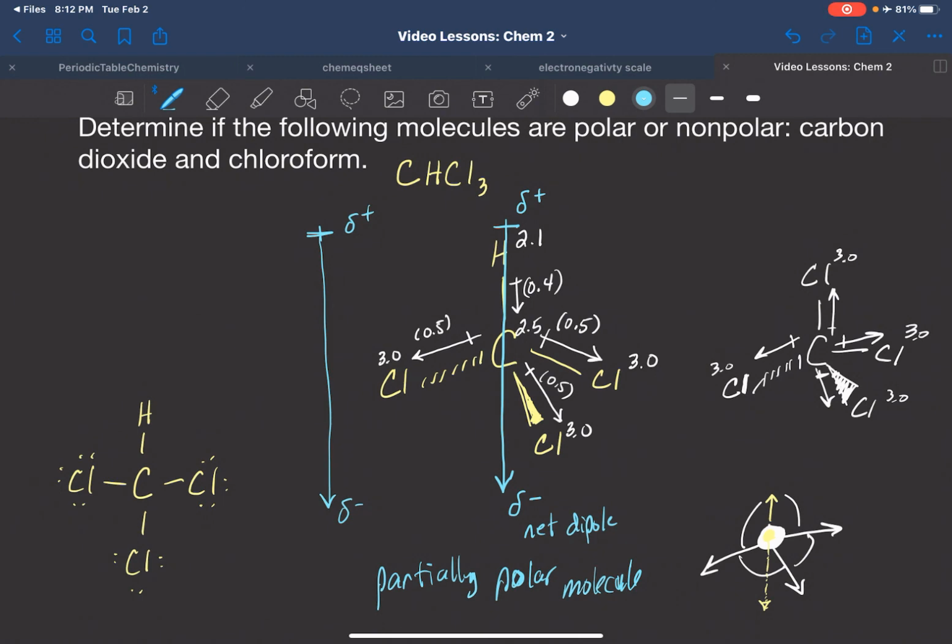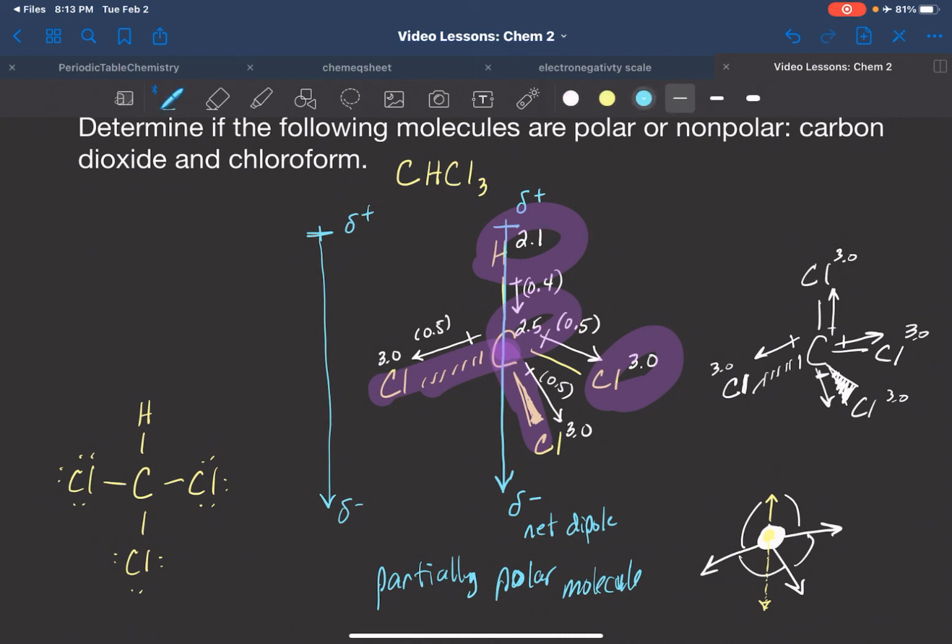It doesn't have a huge pull, but there is a little bit of a pull because of that slight difference, because those chlorines are pulling a lot more than the hydrogen is. You could almost think of it this way: two of these chlorines kind of cancel each other out, and then you're looking at the interaction between here, here, and here.